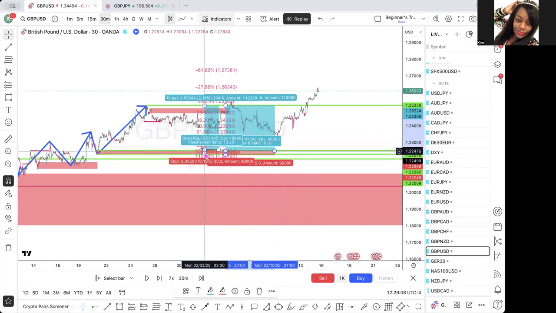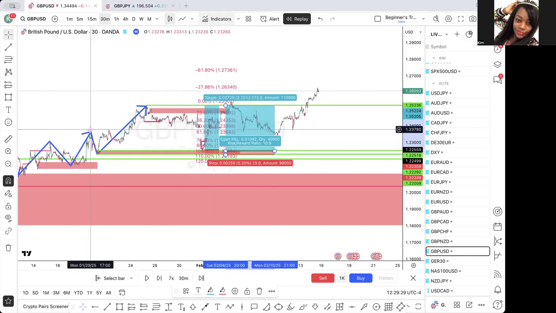Same zone. Yes, you can go. If you know what you're doing, you can definitely go to the 5 minute, 1 minute. But you have to know structure. You have to know where you are on the charts before you go down to that zone.